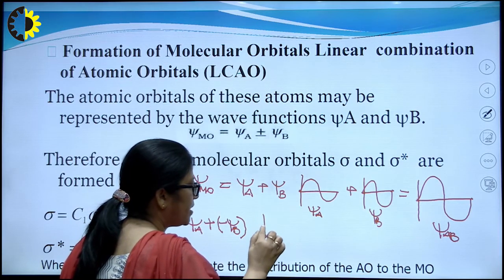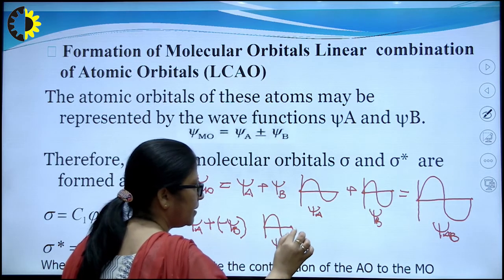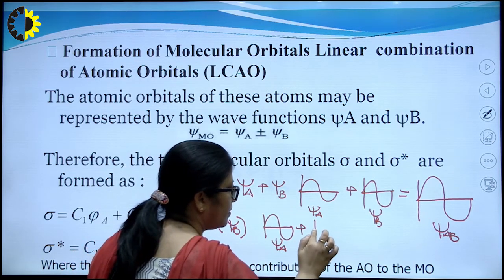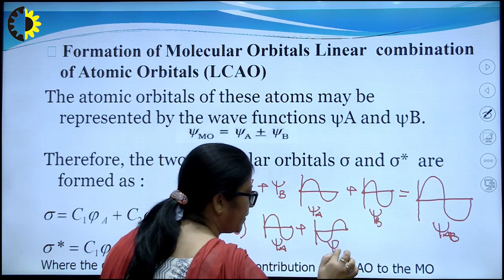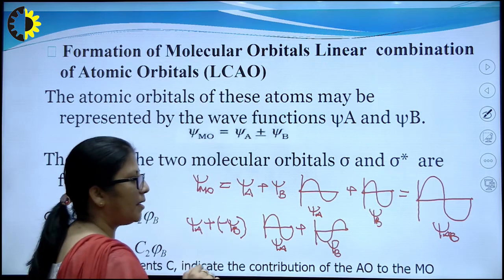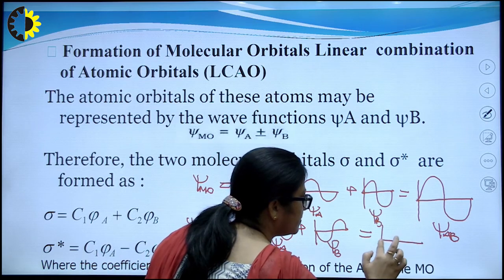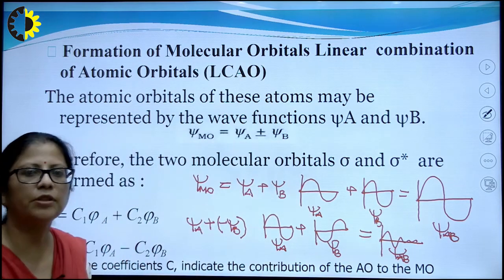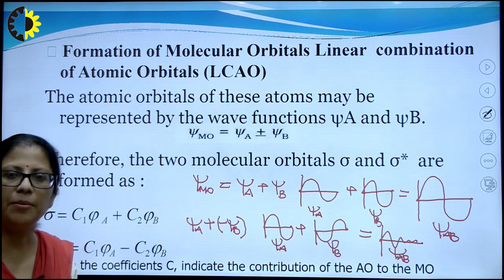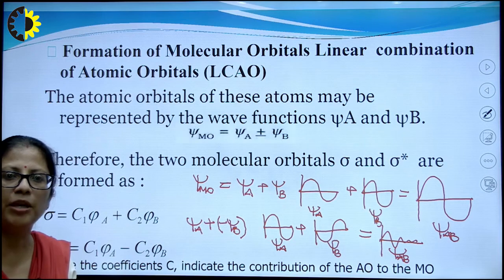For example, if this is psi A, which is positive, and this is the wave function for psi B, when combination takes place, this is going to be the wave function for psi AB. That is, this is formed by the destructive combination of both the atomic orbitals.